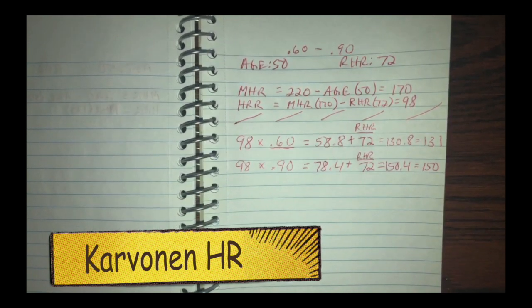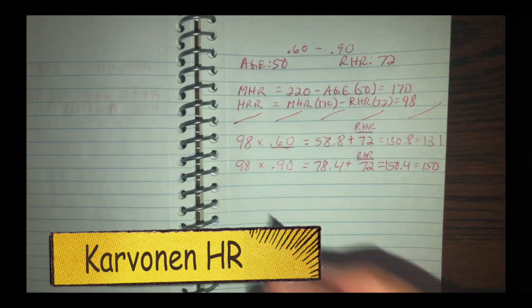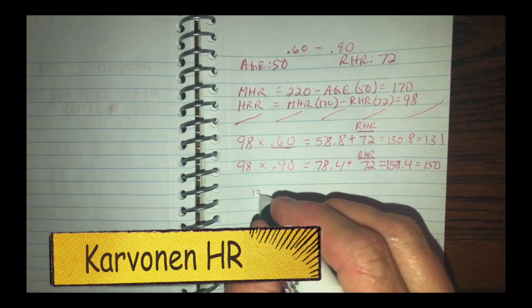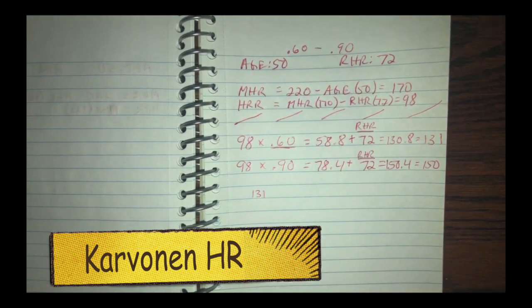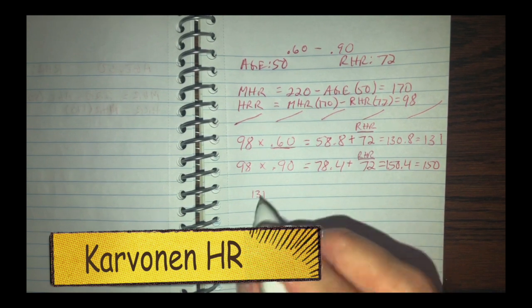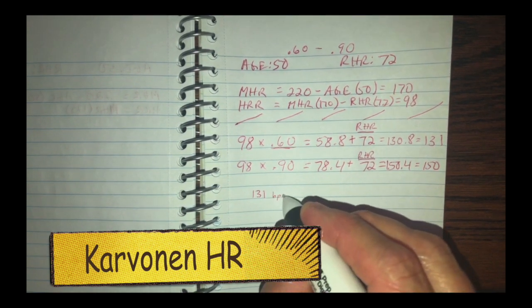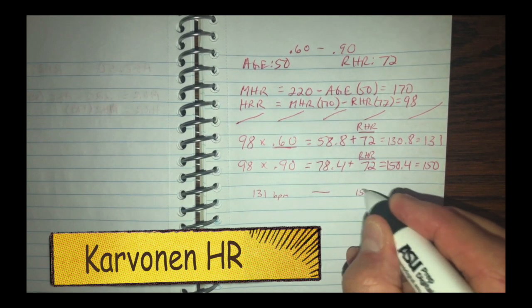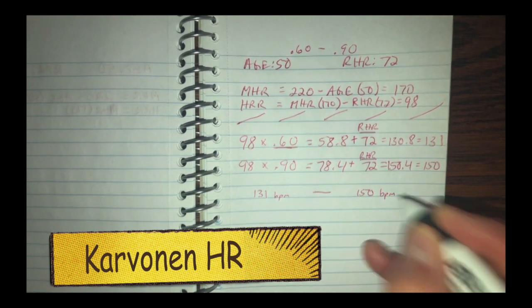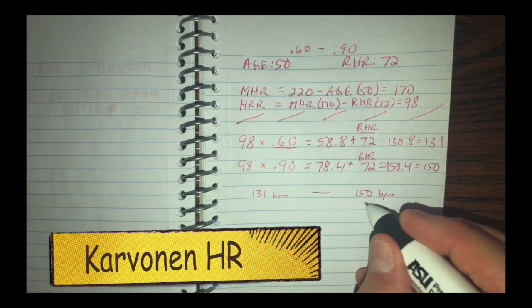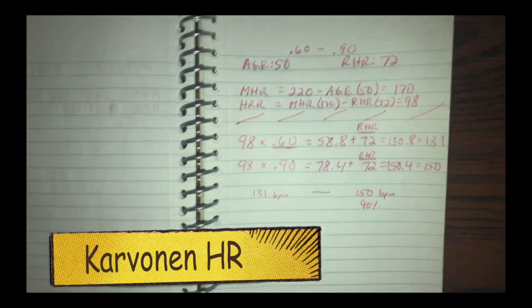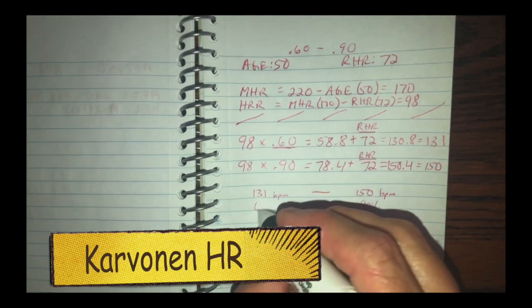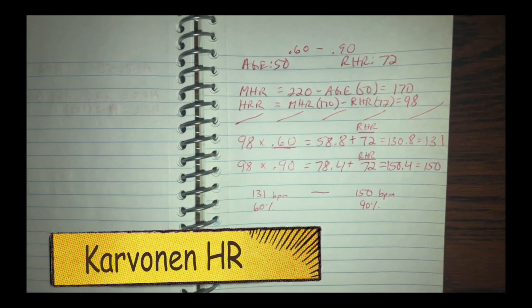So this person who's 50 years old, her resting heart rate is 72, knows at the low end of their exercise for aerobic function, they should be at 131 beats per minute. But it can range up to 150 beats per minute, but they know at this level they are at 90%. At this level they are at 60%.